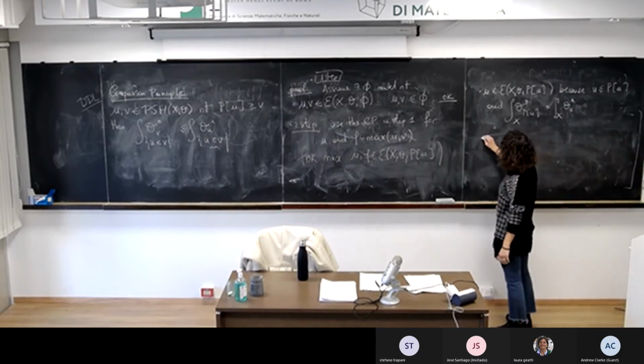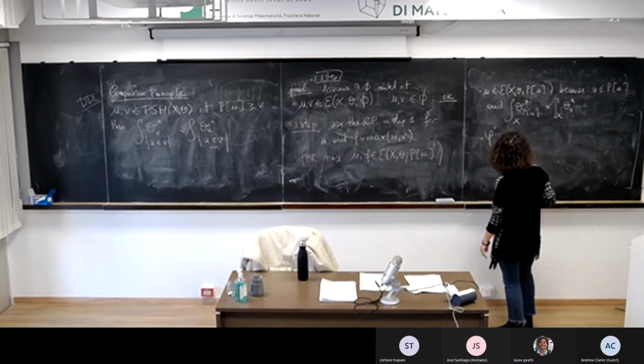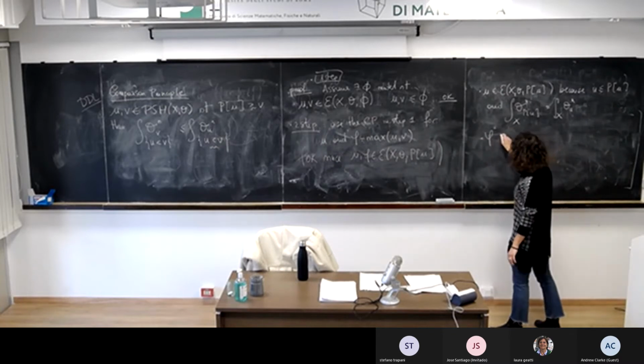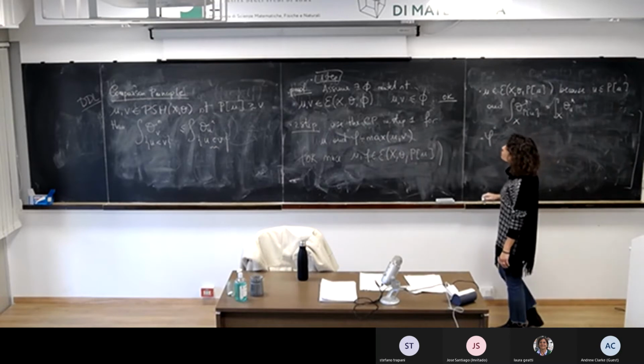And now let's look at phi. So phi is the maximum of u and b.